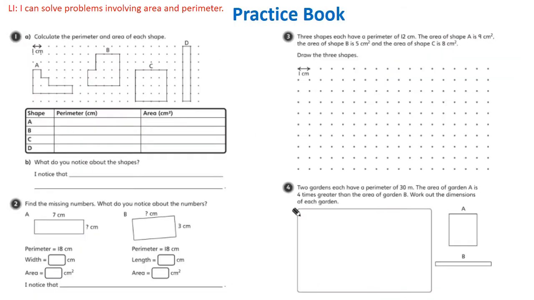When you get into practice book, we've got 2 pages today, or just this slide to do. So let's have a look at number 1. Calculate the area and the perimeter for each shape. Now, A and B are both compound shapes. So that means you need to split them down into squares or rectangles.